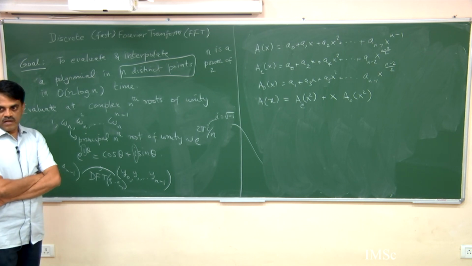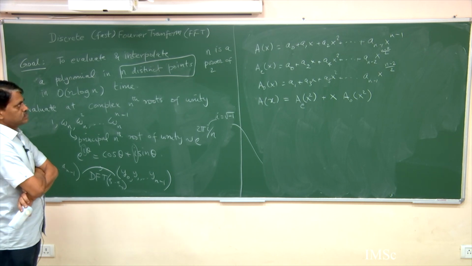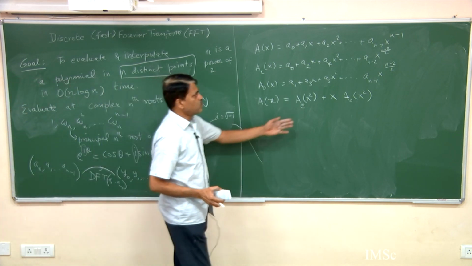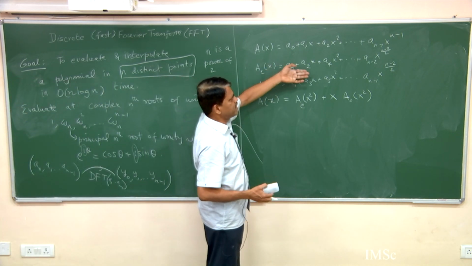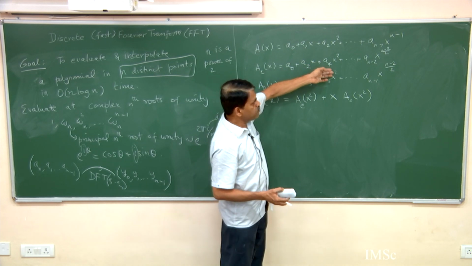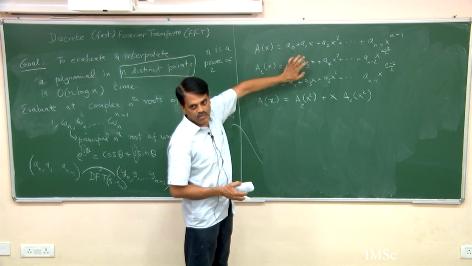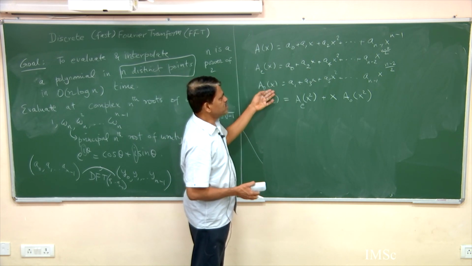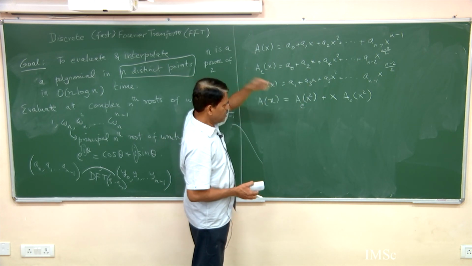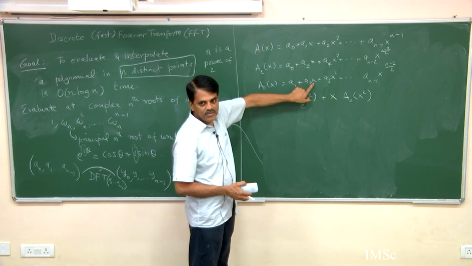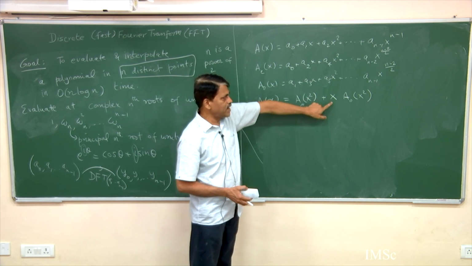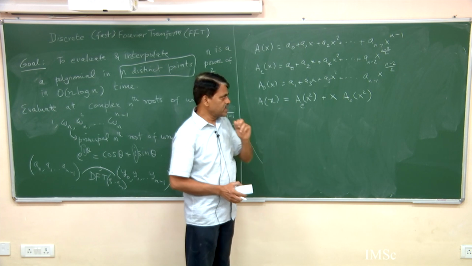Now ae of x square is fine because it's a0 plus a2 x square plus a4 x power 4 and so on up to an minus 2 x power n minus 2. This is exactly the original polynomial's even part. Now ao of x square will give me a3 x square only, but a3 should be x cubed. So I'm multiplying by an x outside and that takes care of it, right?